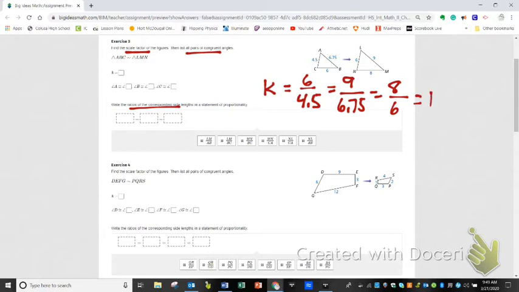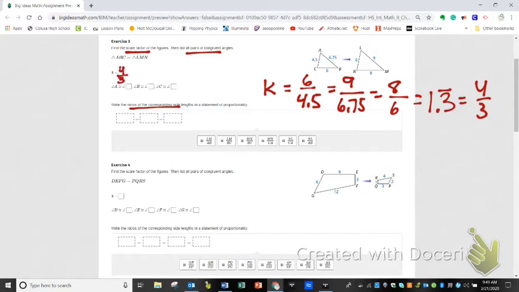If you change them into decimals, they are all 1.3 repeating. And as a fraction, you could reduce all of them to 4/3. So on this problem, the scale factor is 4/3, or all of the small sides were multiplied by 4/3 to create the bigger sides in triangle LMN.